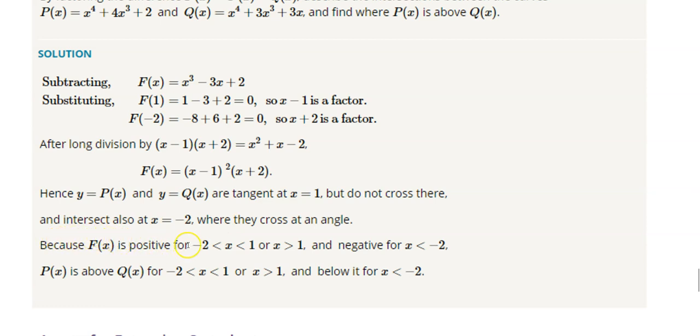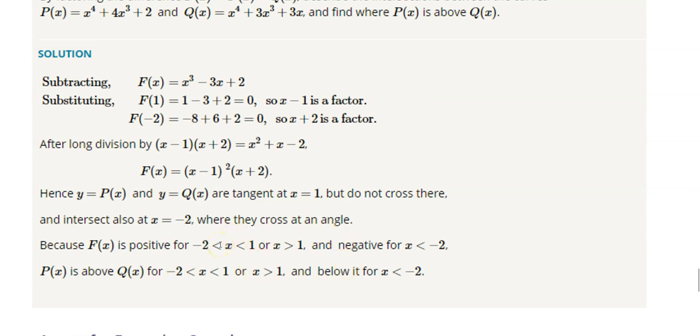Because f of x is positive for x between -1 and 1, or x greater than 1, and negative for x less than -2, then p of x is above q of x for those same sections. So that's kind of how you can look at that as well.